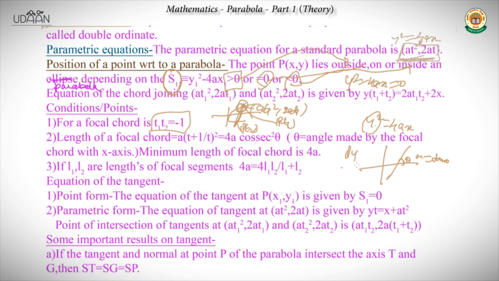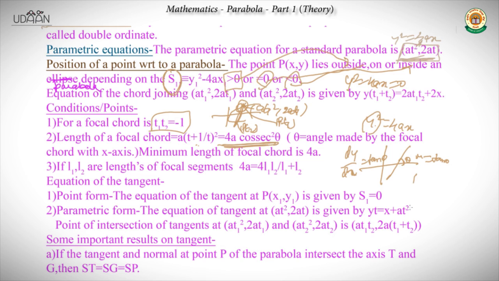If you differentiate and equate dy by dx to tan theta, and in dy by dx you substitute the point (at square, 2at), we'll get the slope in terms of t. So when we substitute t equal to tan theta in these terms, we'll get this equation, 4a cosec square theta. You can derive that, or else you can directly remember the formula. We'll get the length of the focal chord as 4a cosec square theta. But we know from trigonometry that the least value of cosec theta is 1. So we can say that the least length of the focal chord is 4a.